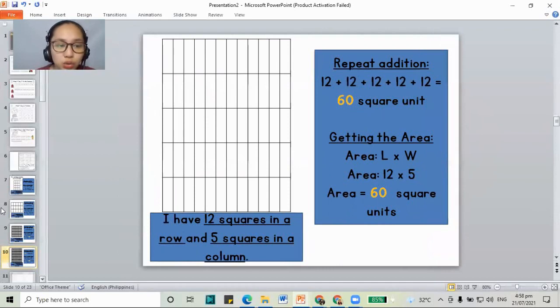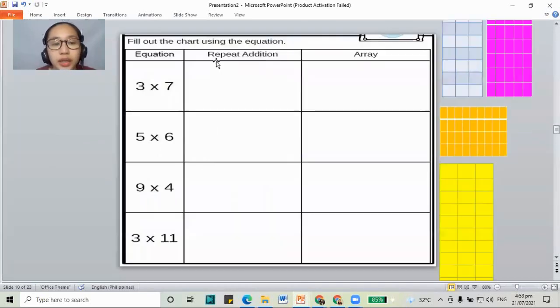Now, let's go to our work. Now, we have here our equation 3 times 7. Remember our area, length times width. The length is 3. That will be our row, the lines at the top. The width is the ones going down and up.